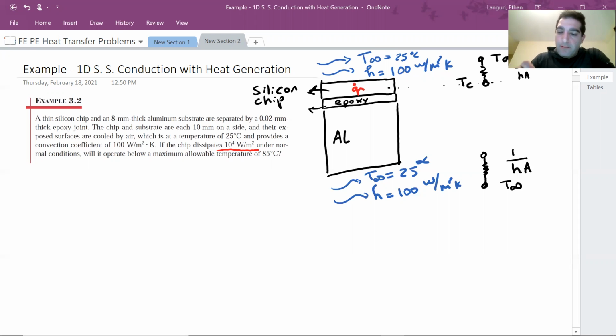Now, going from the chip, on the other side of the chip you are in epoxy, where I'm going to go through a contact resistance.